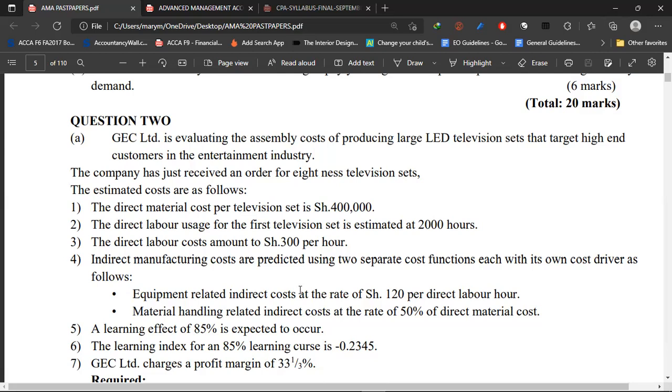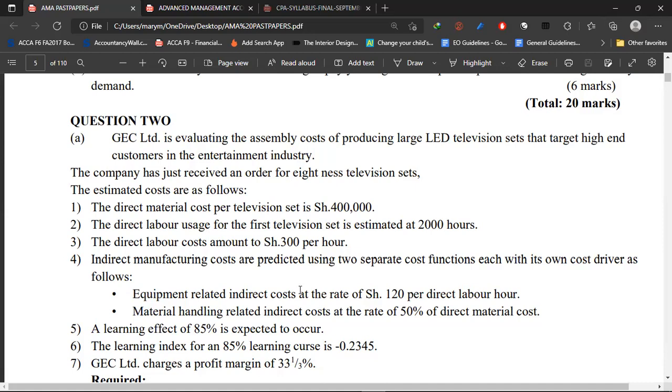Jili, huyu examiner anataka nini? Nataka tutafute ya kuproduce the 8 sets. And then on top of that, the profit margin ambayo tutamtolea invoice, tutamtolea client invoice.